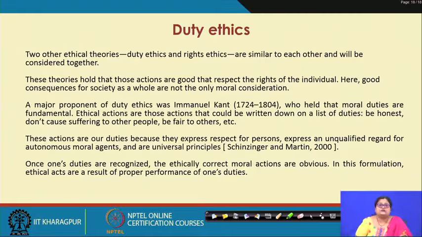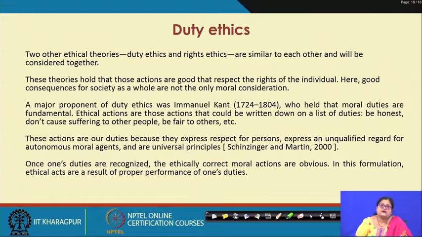These actions are our duties because they express respect for persons, express an unqualified regard for autonomous moral agents, and these are very universal principles.